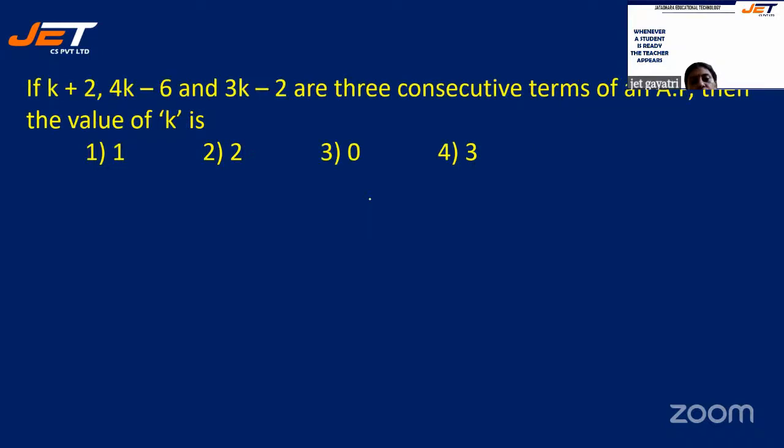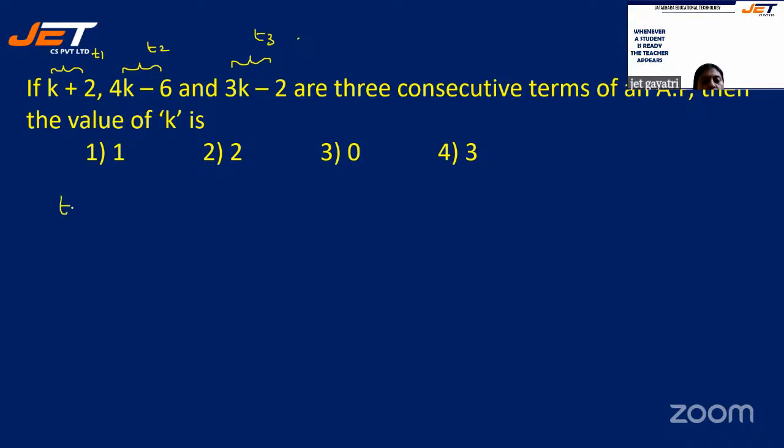Okay. Next question. If k plus 2, 4k minus 6 and 3k minus 2 are three consecutive terms of an AP, then what is the value of k? Alright. So again, we are taking this as T1, this as T2, and this as T3.